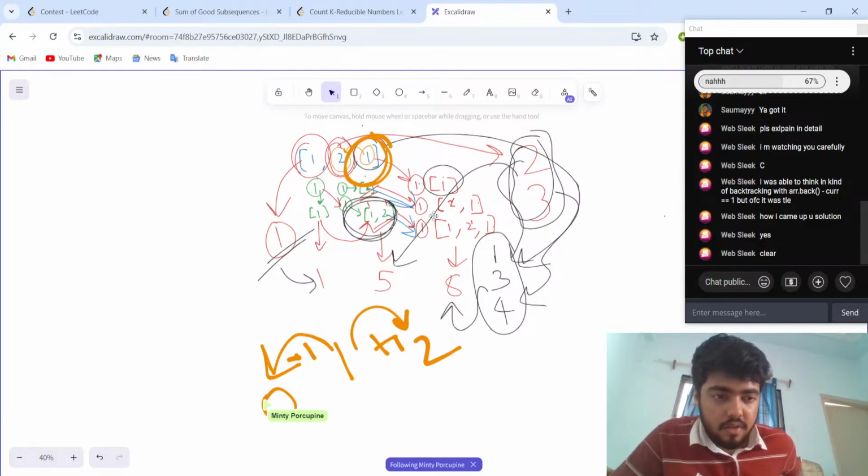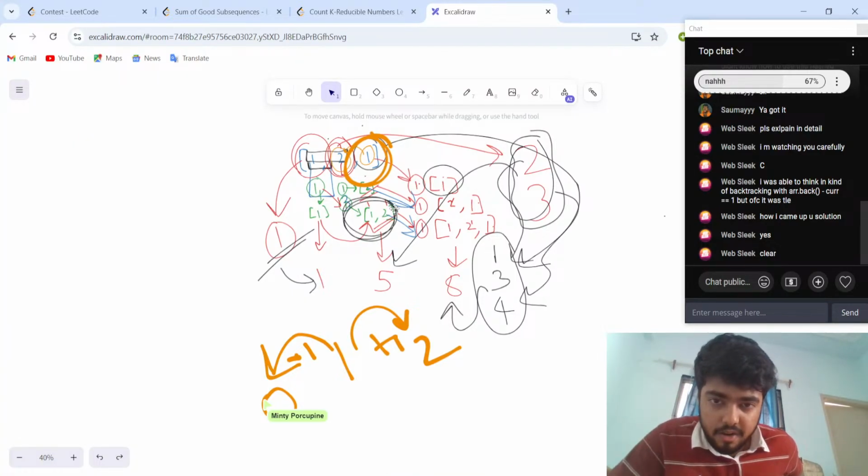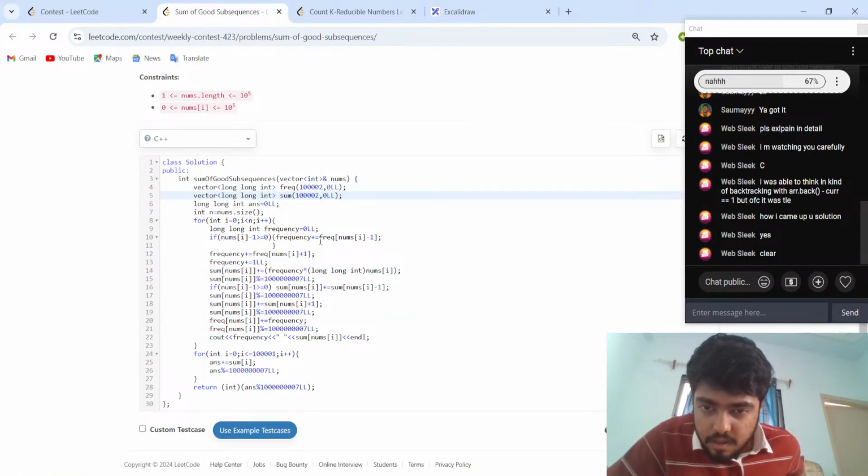Why 3? Because two of them he is going to derive from something else, but one is his own. So frequency is nothing but adding up all its derivations.